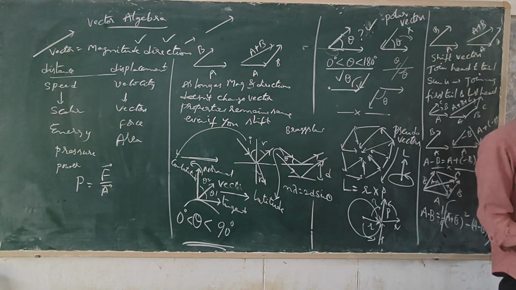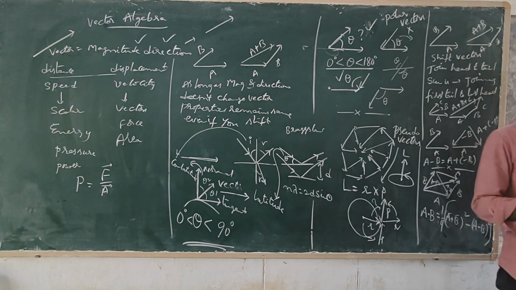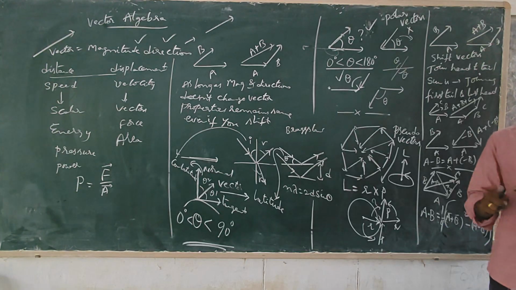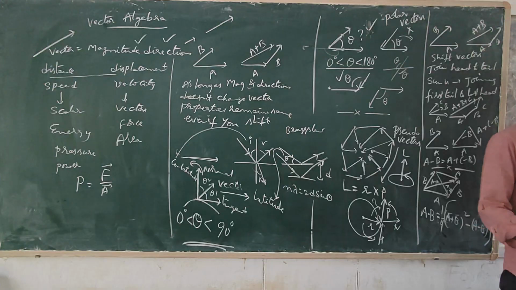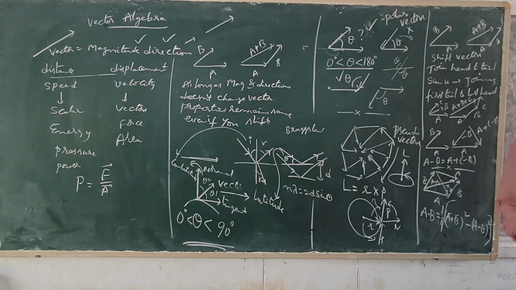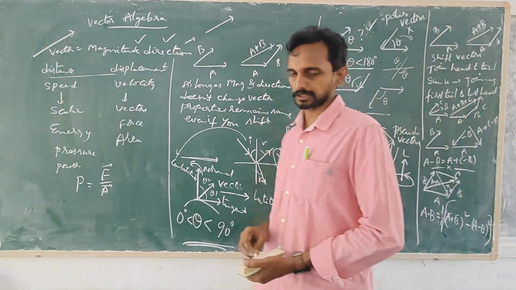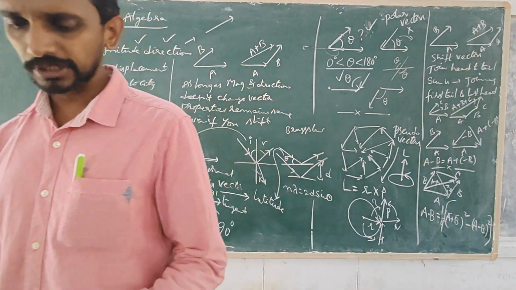We'll see that in the next session. But if you understand these activities, I mean vector algebra, how to deal with vectors, you'll understand the majority of the concepts clearly. Okay, so that is why it became our first chapter. Rest of the things we'll see in the next session.